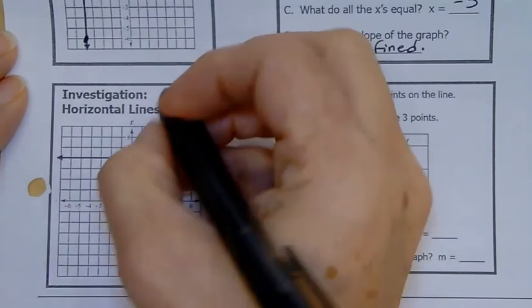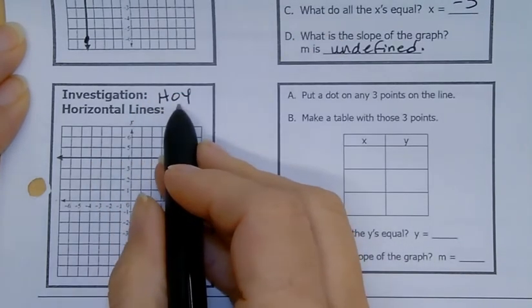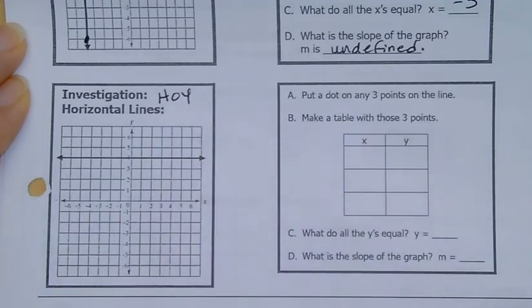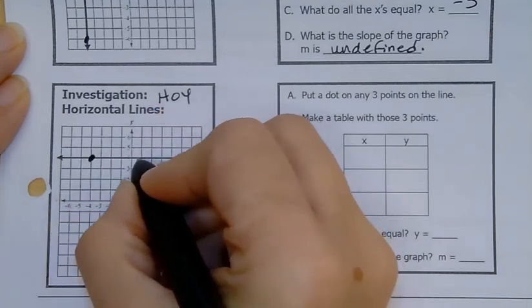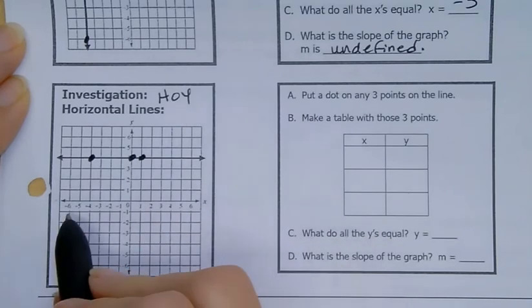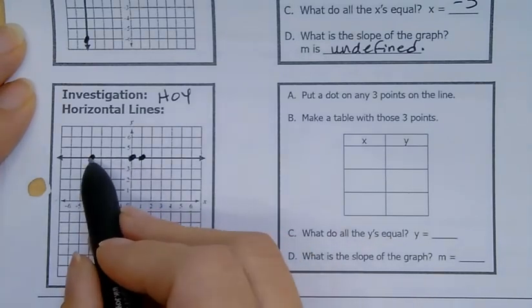Right, horizontal line, HOY. So I know my horizontal line has a slope of 0, m equals 0, and y equals some number this time. All right, so again, we're just going to choose 3 points. If I look at these points, this one's at negative 4, 4.